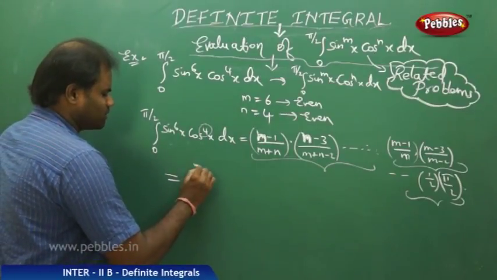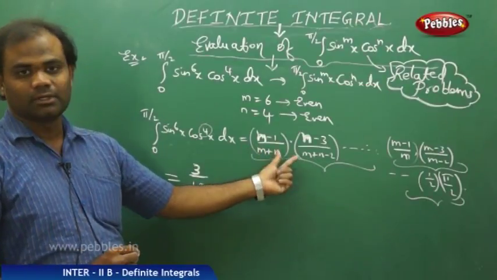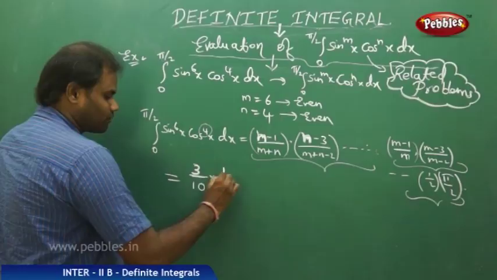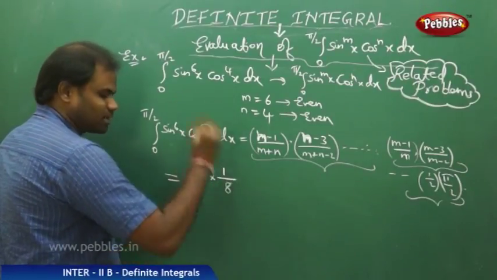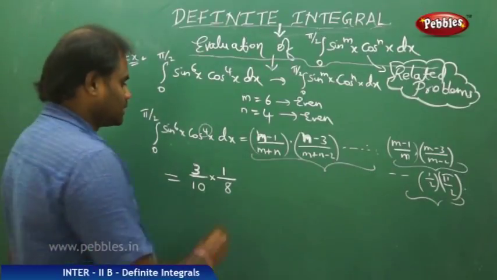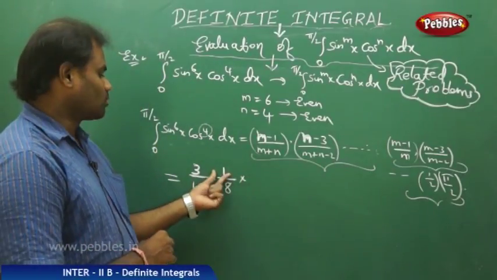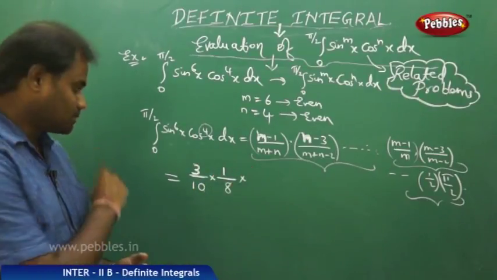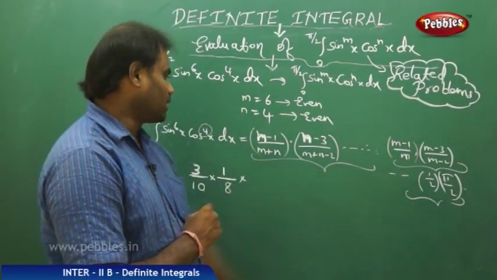Therefore, once the first value is evaluated as 3 by 10, substituting n and m respectively, then the next term is 2 terms short of 3 is 1, and the next term of 10 is 2 terms short of 10, which is 8. And then finally, you cannot proceed further because this cannot be reduced 2 terms shorter, which goes into the negative side of the numbers. So we halt here and then we go to m minus 1 by m.